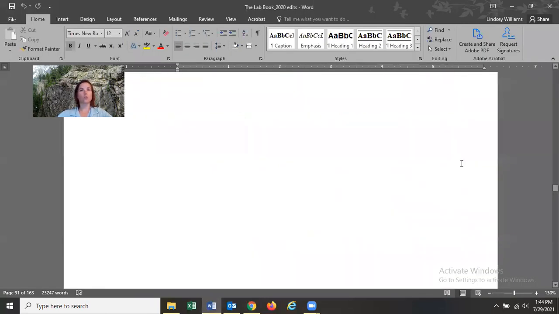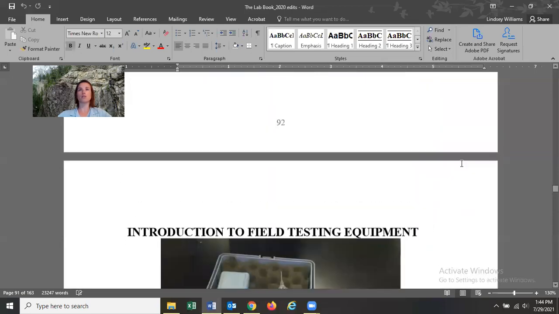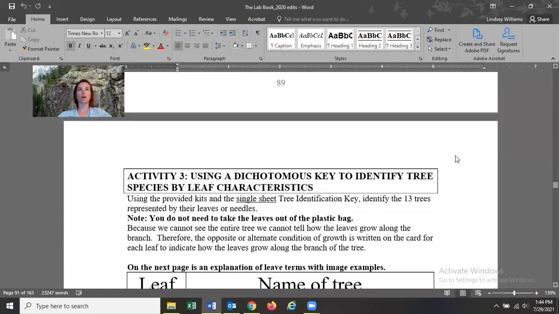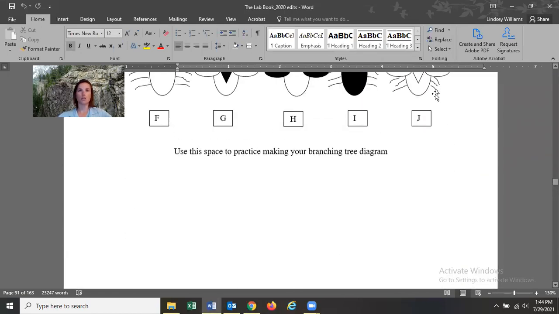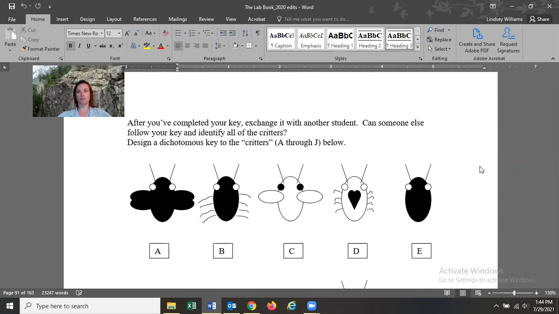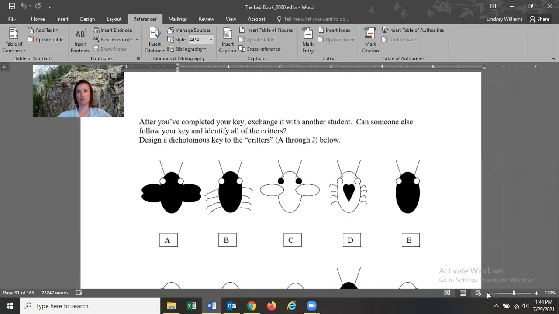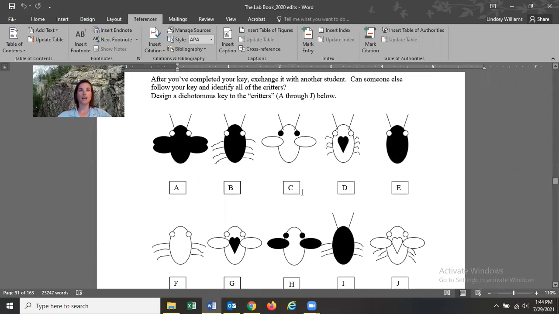So we're going to scroll down. What the heck are you talking about, critters? Scroll up, actually. Here are your critters, critters A through J. Now, some of the mistakes that I've gotten in this lab is students will just do any creature. And as an instructor, when you have more than one student make the same mistake, you have to ask yourself, why?